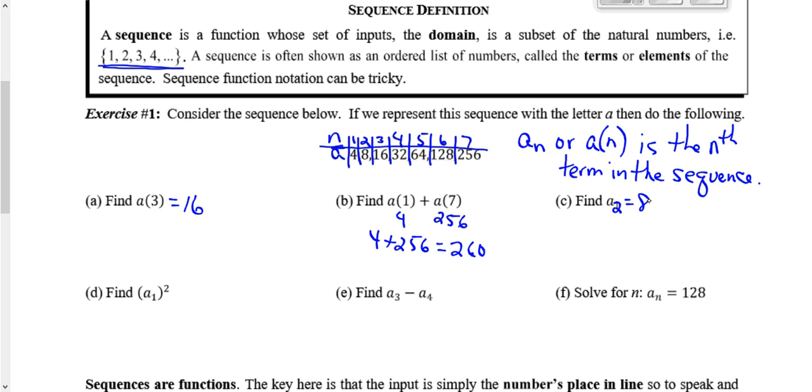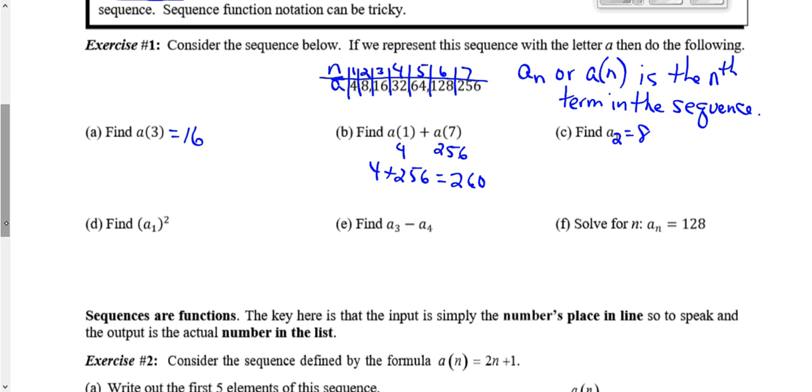No. And then A1 squared, which is what? 4 squared, 16, yeah? How about part E?